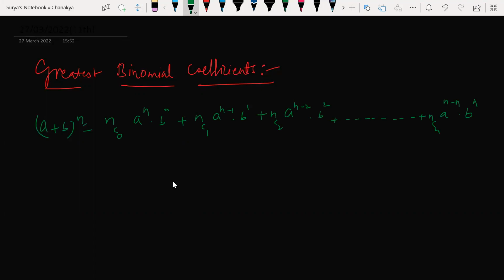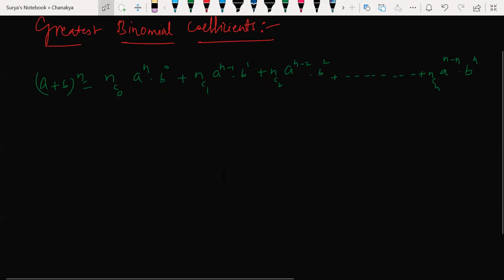Correct? This was the formula of binomial expansion. This is what we learned. Are you able to understand? Yes, sir. This was the expansion.